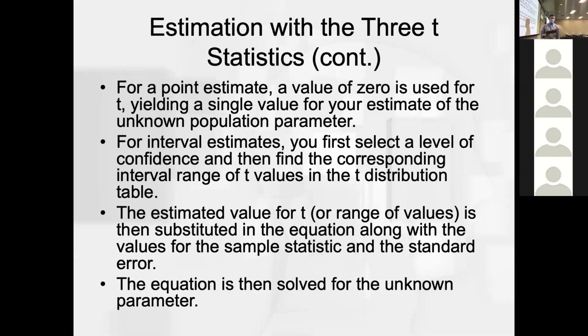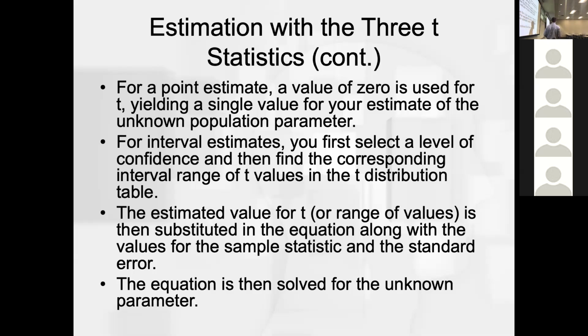When you're doing the interval estimate, you have to find the corresponding t value for whatever confidence interval you want. So if we've got a 95% confidence interval, we have to find the t statistic for 5% and 2 tails for the degrees of freedom that we have, right?